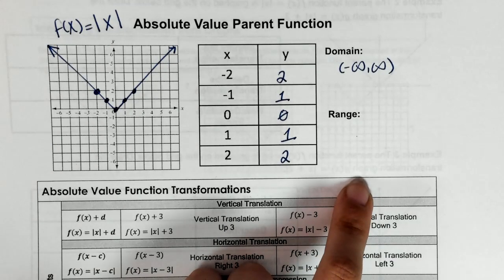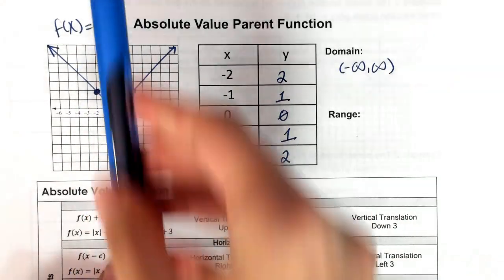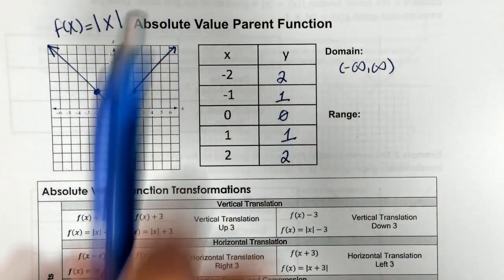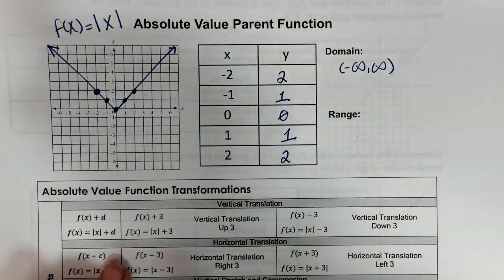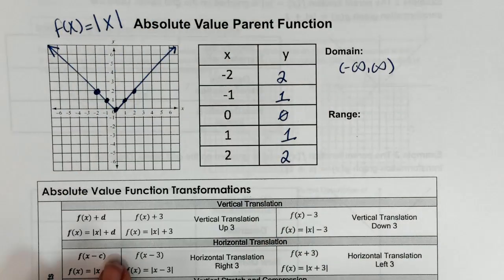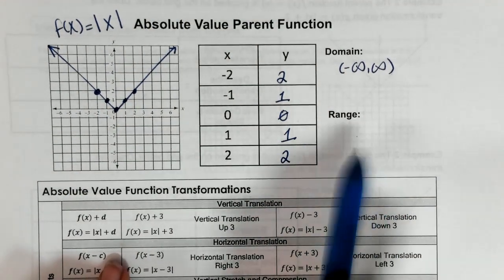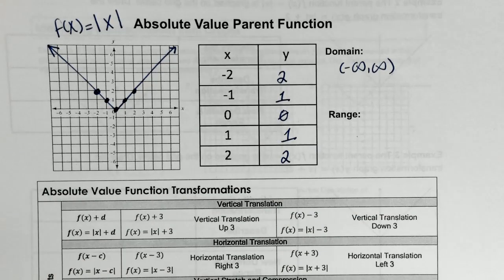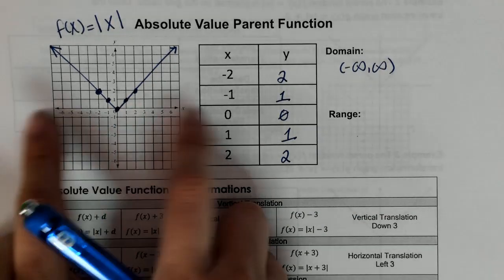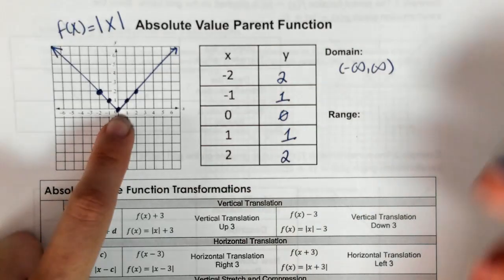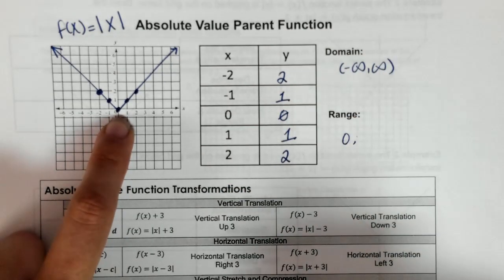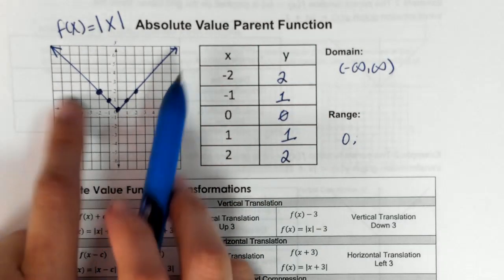For my range, notice it does go forever upwards because my lines are pointing upwards. However, I have no line pointing downwards. Since it does not go forever in both directions, up and down, this one does not go from negative infinity to infinity. In fact, I have a lowest y value, and my lowest y value is 0. So it goes from 0 towards infinity, since the arrows are going upwards.